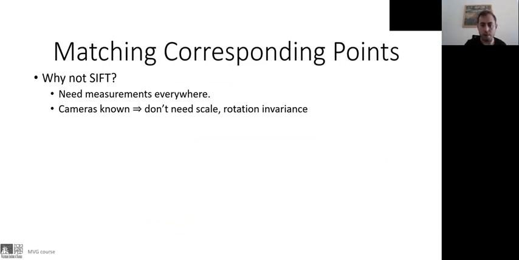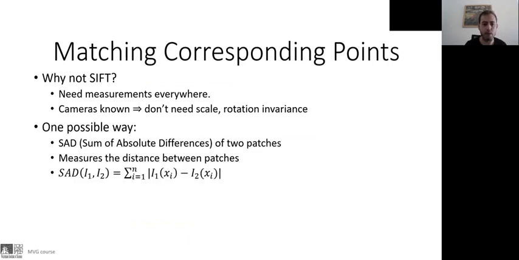Until now we talked about feature points like SIFT, but in this case we don't need key points. We need measurements everywhere, and also we assume that the cameras are known, so we don't need the scale invariance or rotation invariance properties of SIFT.